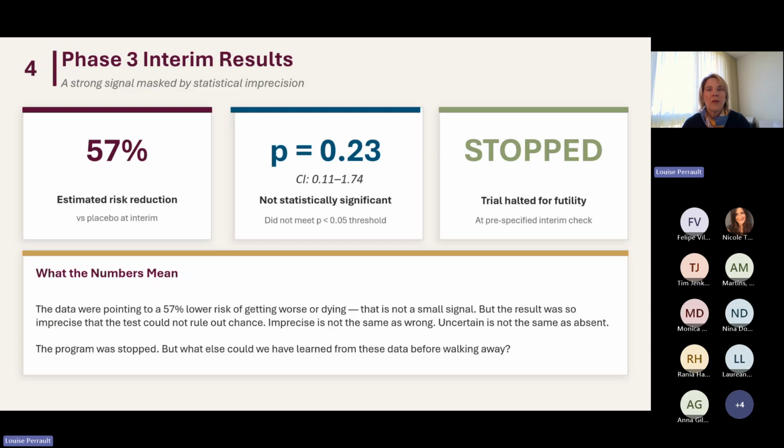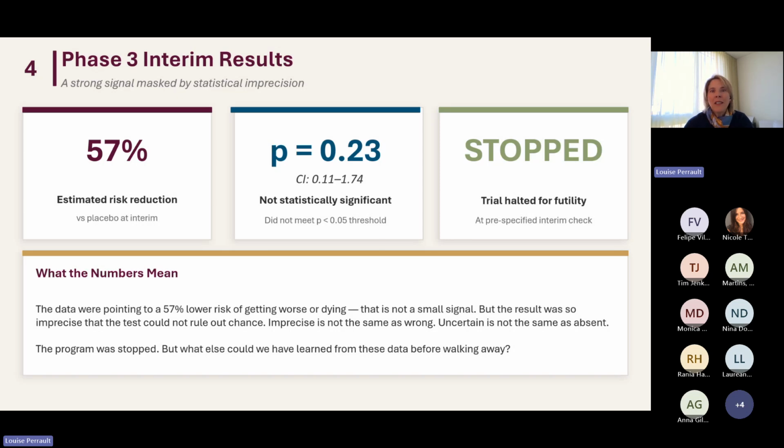So here are the numbers on the slide. Risk reduction estimate after the phase 3 study was 57%. The range of uncertainty was very wide, and the p-value was 0.23, which is well above 0.05. But think about that for a second.